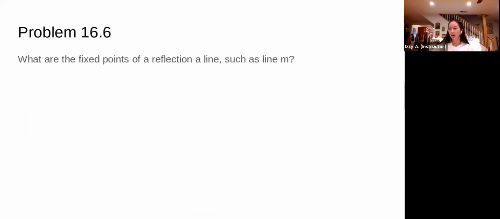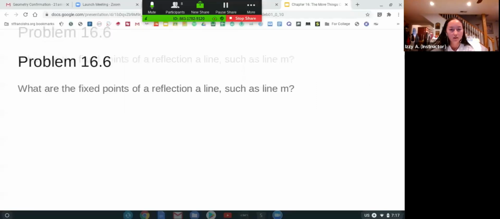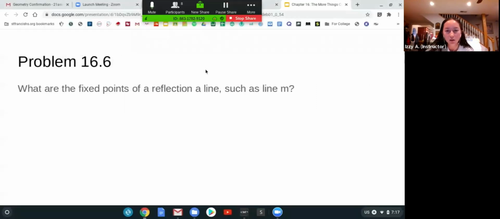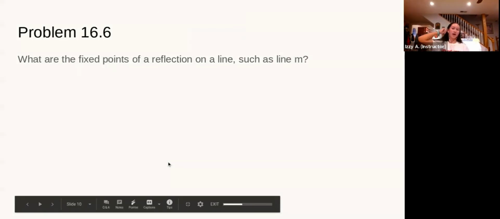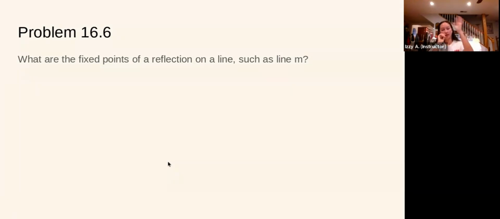Okay, so next we have problem 16.6. What are the fixed points of a reflection on a line, such as line M? So this is just, think of a line, and then imagine that you're reflecting it across.